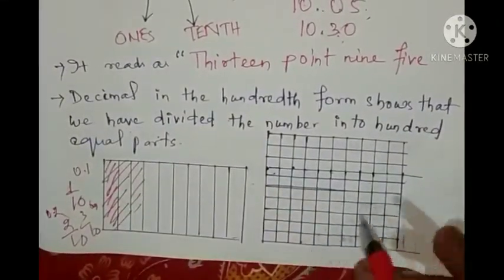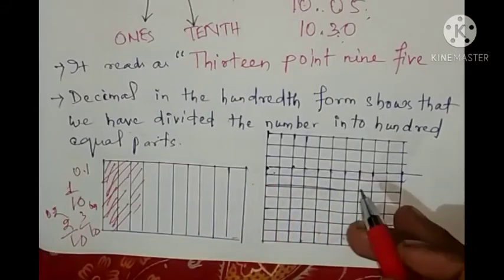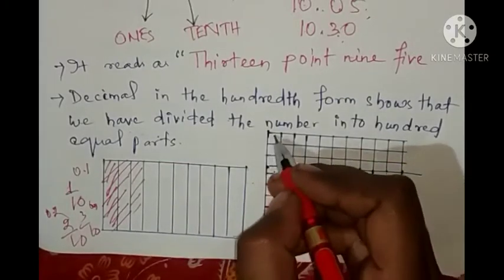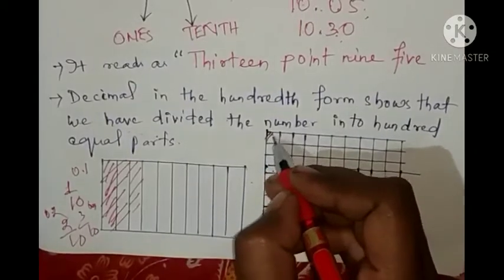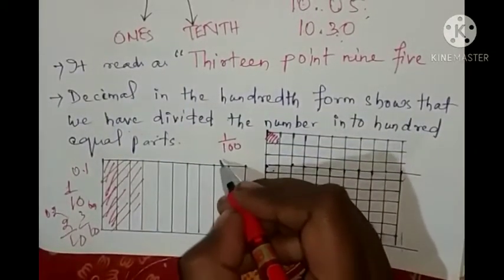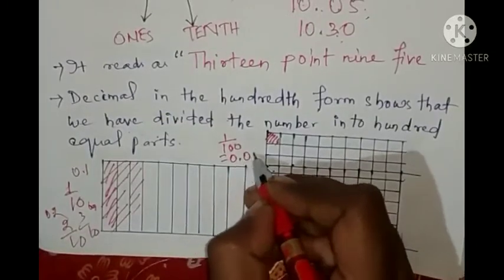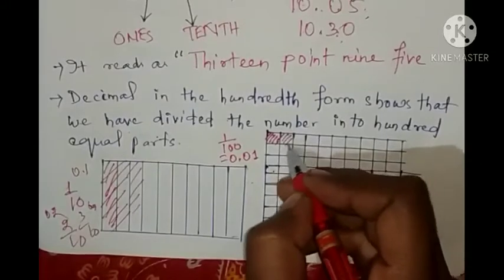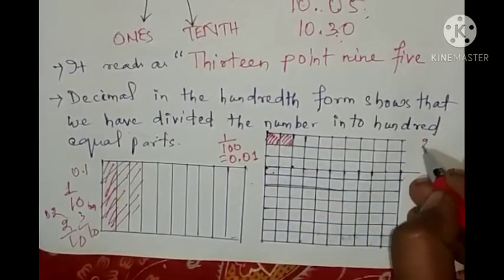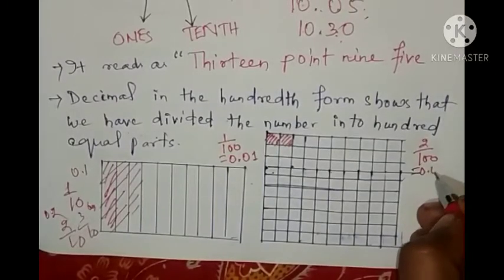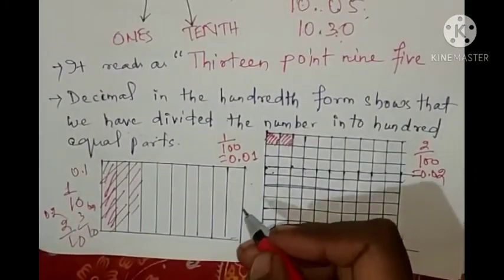Like that, if we divide a number into 100 equal parts, one part is 1 by 100, which is 0.01. If I take two parts, that is 2 by 100, which is 0.02.